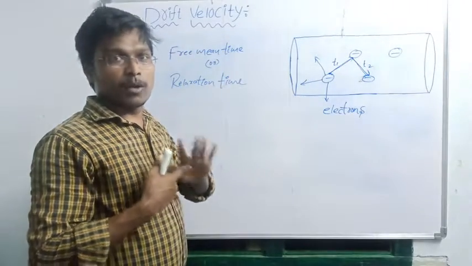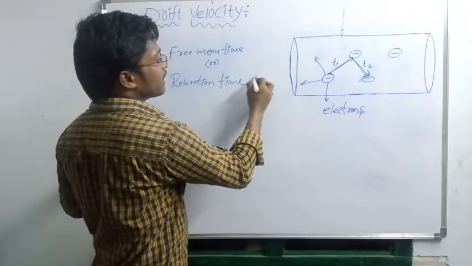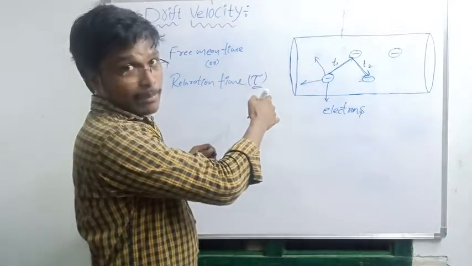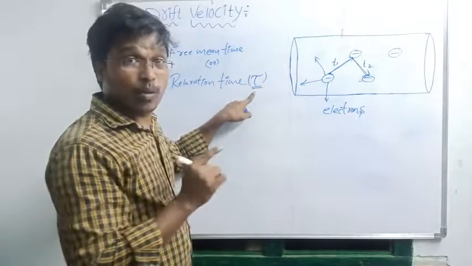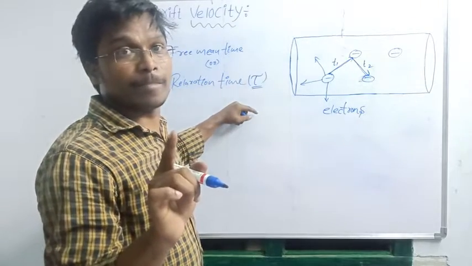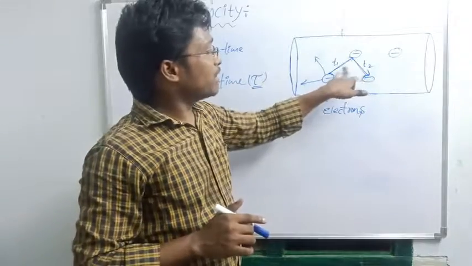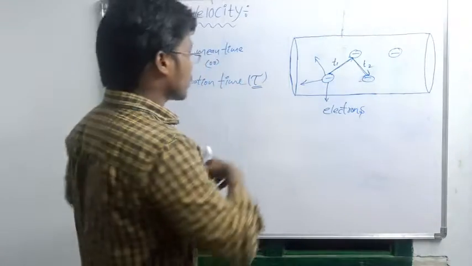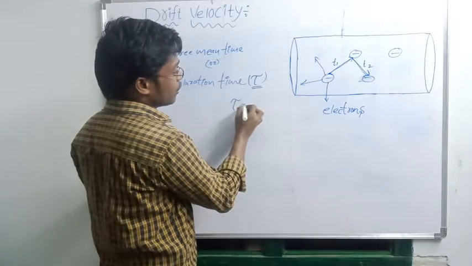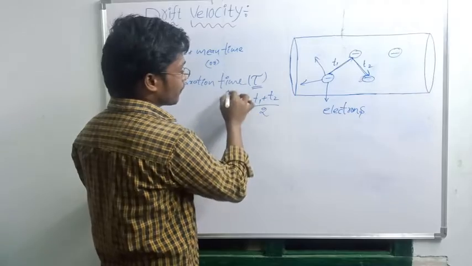This relaxation time, otherwise free mean time, we indicate with the term tau. Tau is nothing but the average time. The average time between two successive collisions is called relaxation time. So tau is equal to (t1 plus t2) by 2.